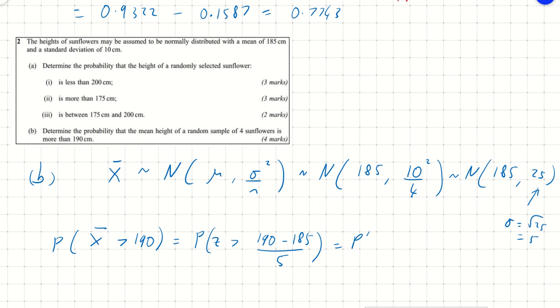This is the probability that z is greater than 190 minus 185, that's just 1. And this is 1 minus the probability that z is less than 1, and this is a number that we worked out in part 2. The probability z is less than 1 was 0.8413. So this answer is just 0.1587.